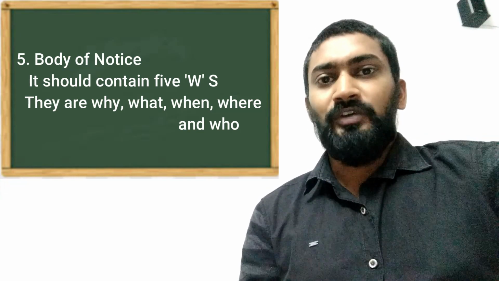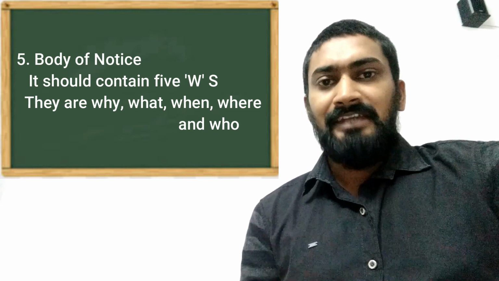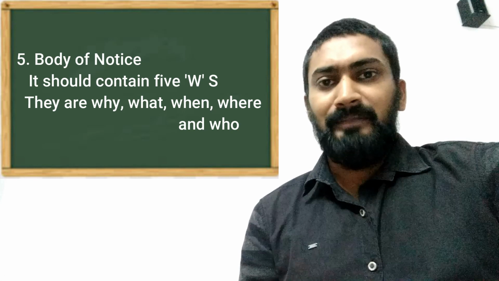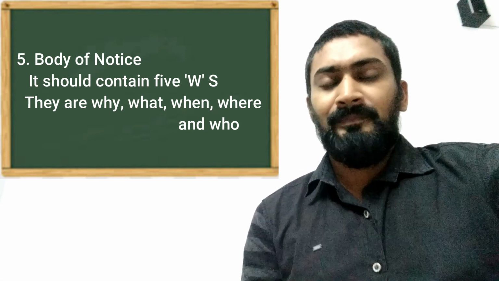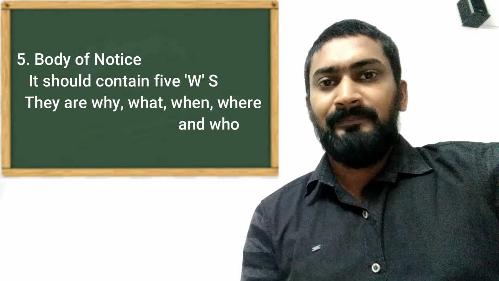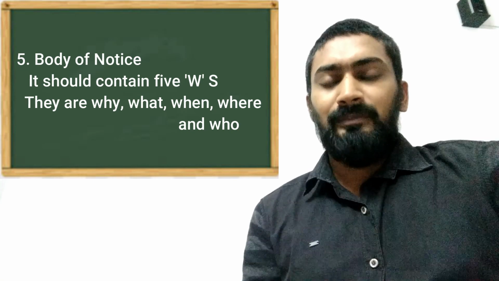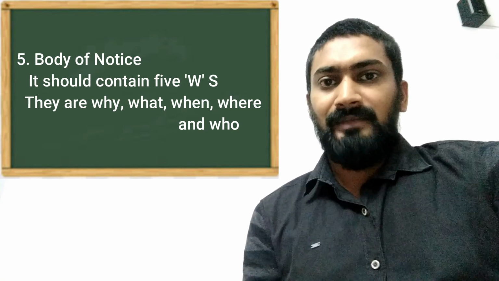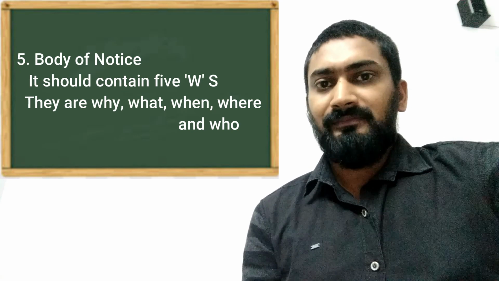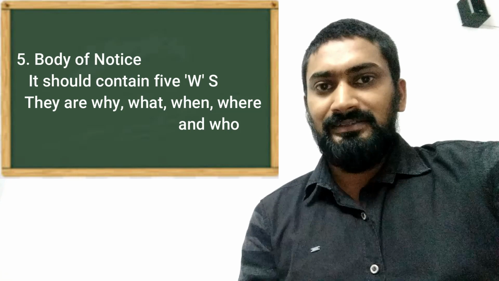When the event is going to take place, the day and date can be mentioned. Then where, the location or venue should be clearly mentioned, and who is publishing this notice should be clearly mentioned. So these 5 W's should be clear in the content, written in simple language. That should be the content of the body of the notice.